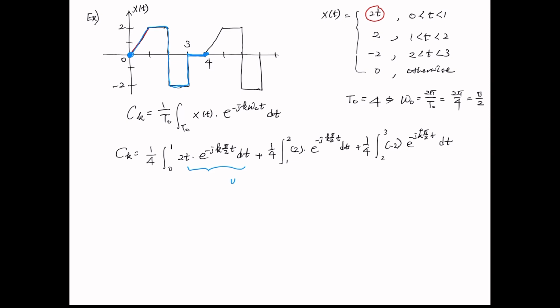For the first term, we need to do integration by parts. So I'm going to let u equals t, and then dv equals e to the negative jk pi over 2 t dt. v equals negative 1 over jk pi over 2 times e to the negative jk pi over 2 t. And then du equals dt. Now we just multiply this and this.